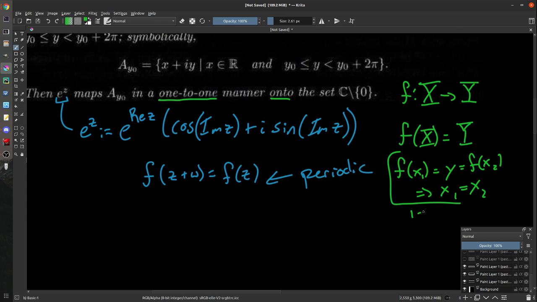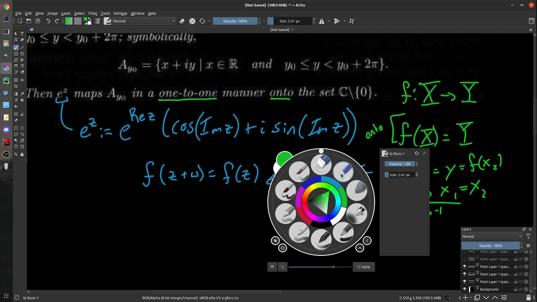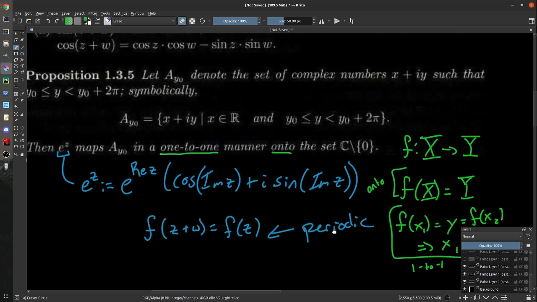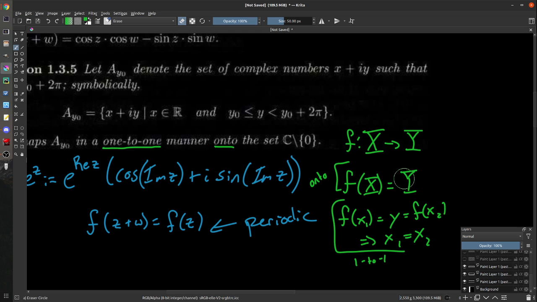This is one-to-one, or injectivity. This piece right here is onto, or surjectivity. So when you have one-to-one and onto, then you have a bijection, as it's called. And this is what is necessary to invert things. That is, everything gets hit, and if it gets hit, it gets hit by a unique thing. Everything in the codomain is mapped to by something in the domain, and that's the only thing that gets you there.